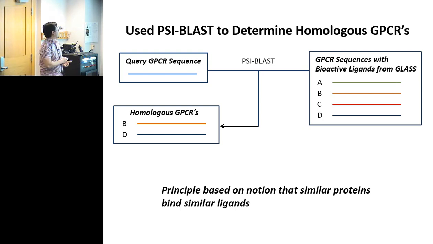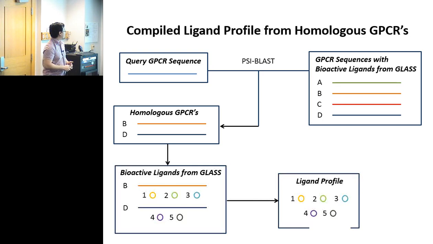And so I do this for every GPCR, and eventually I go back to GPCRs B and D, and I take the bioactive ligands that are associated with B and D, and pool them all together into what's called a ligand profile. So the ligand profile in my experiment here is the collection of all the ligands from the related GPCRs essentially to your query GPCR.